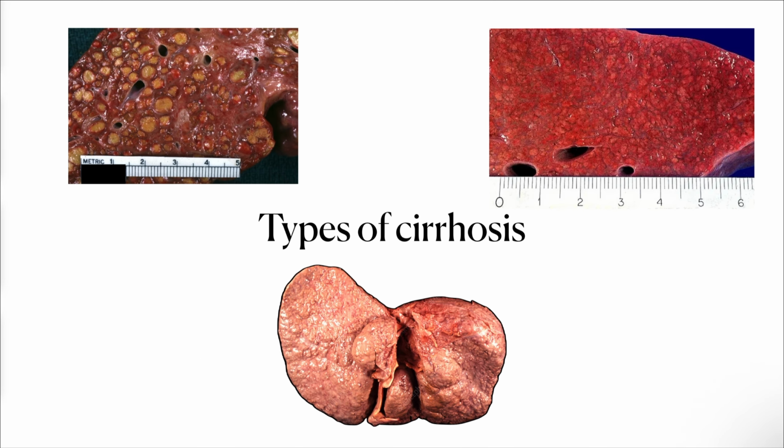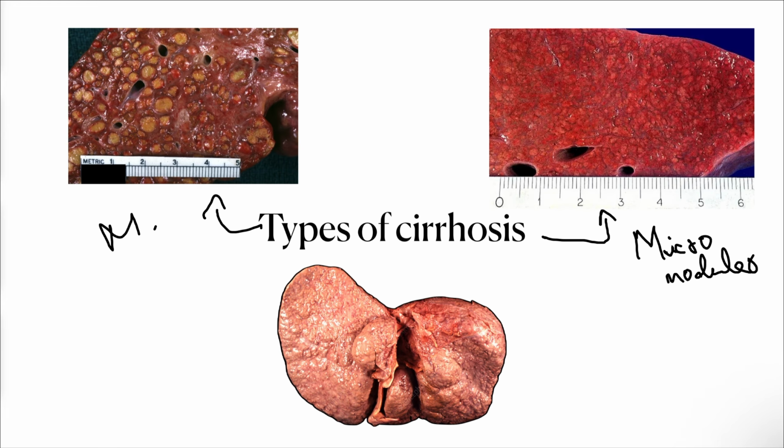And we know that there are 2 to 3 types of cirrhosis, which are micronodular cirrhosis, and then you have macronodular and mixed.